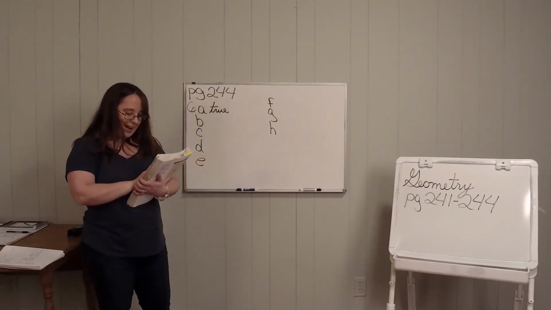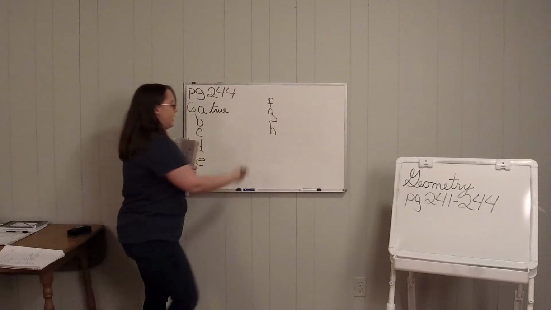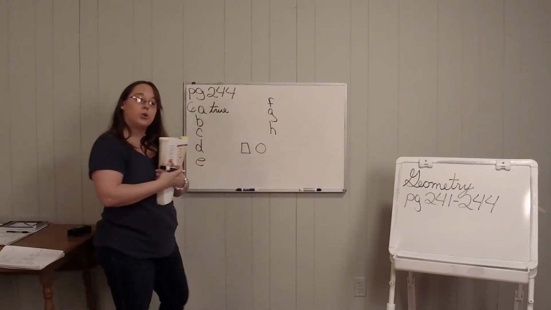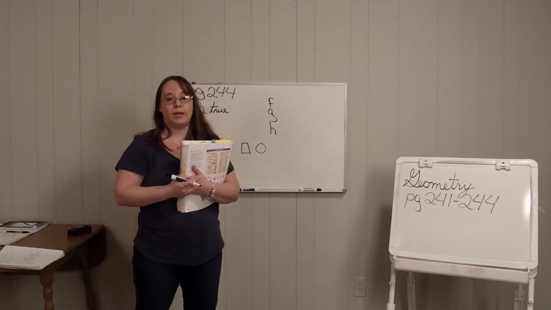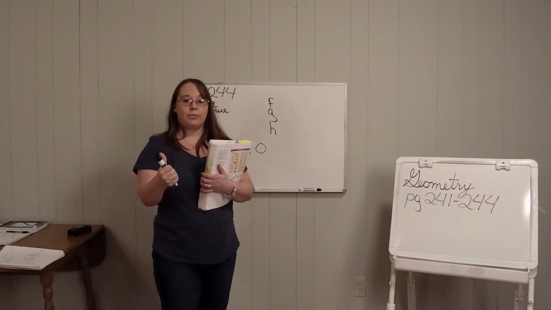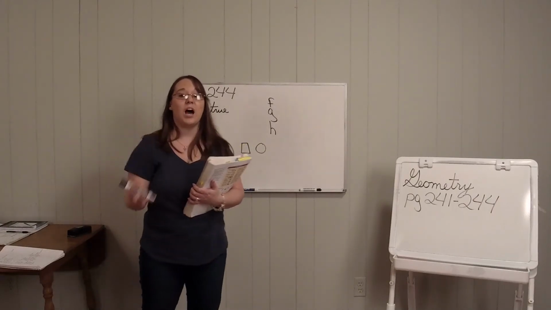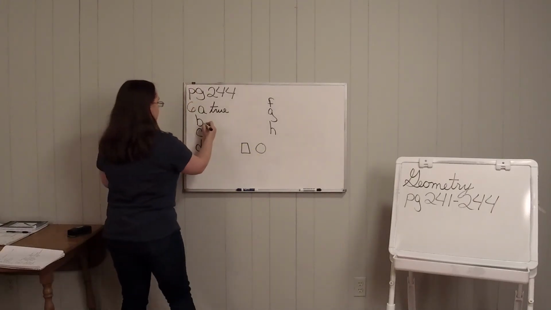B, a square and a circle can be congruent. Can a square and a circle be congruent? No, they cannot be. They're not the same shape. They might be the same looking size, but they're not the same shape, so they cannot be congruent.